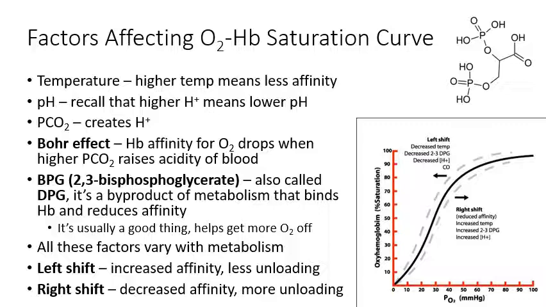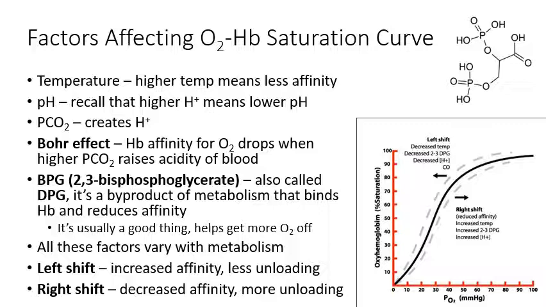So when you're in the lungs, you want to load oxygen onto your hemoglobin, but when you're in the tissues, it's the opposite thing. You want to unload the oxygen from the hemoglobin so it can go to the tissues. So having more unloading is bad in the lungs for your pulmonary gas exchange, but it's good in the tissues for your tissue gas exchange. So you kind of need to have a balance.